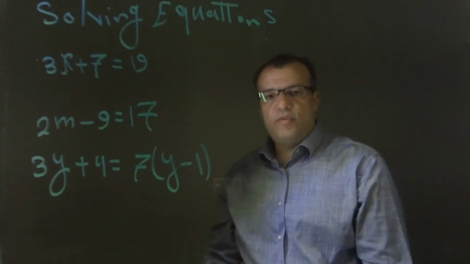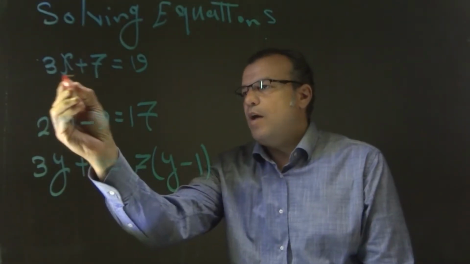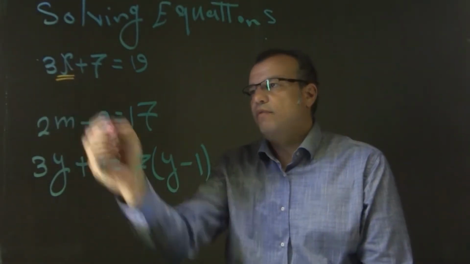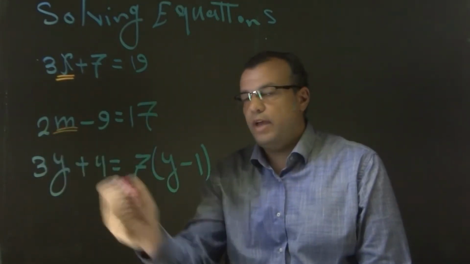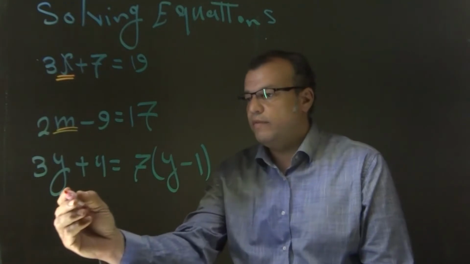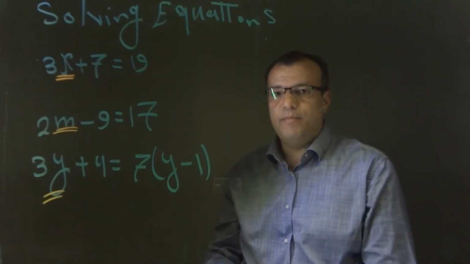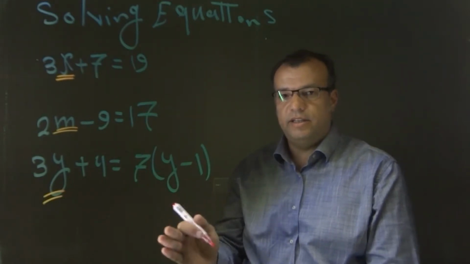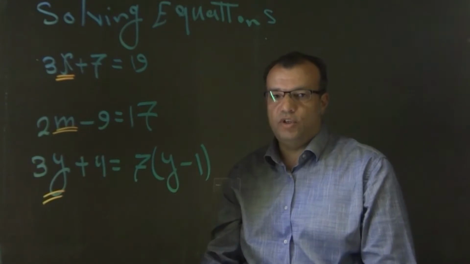In these types of equations, the main question is how I can find the value of x that satisfies the equation, or the value of m, or the value of y. This is the main idea in this lesson: how I can find or solve the equations.